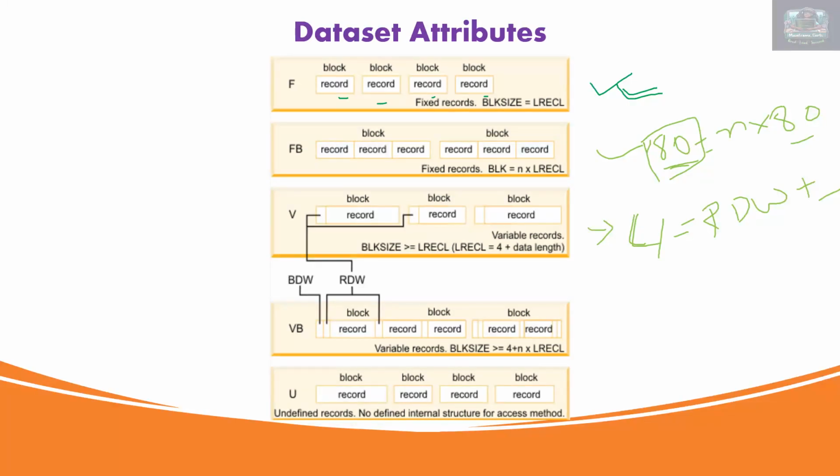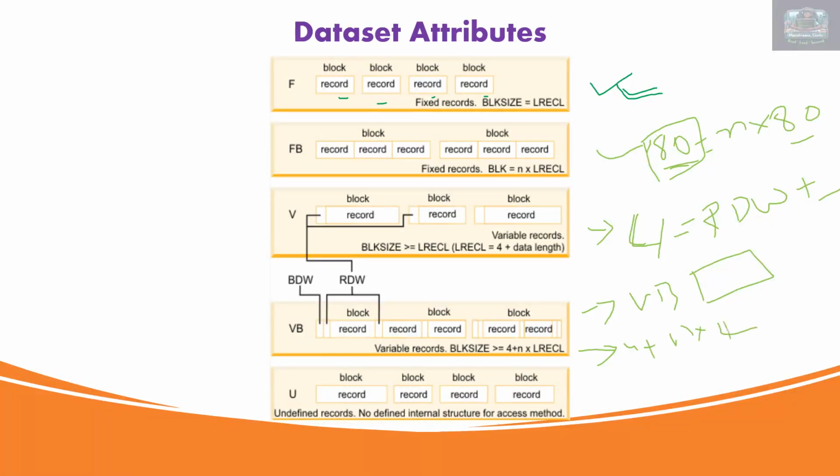So they are different. After that we have variable block, where the data is again blocked, and you have 4 plus n, because it will have the block descriptor word and also the record descriptor word. That is why it is defined as 4 plus n into record length.